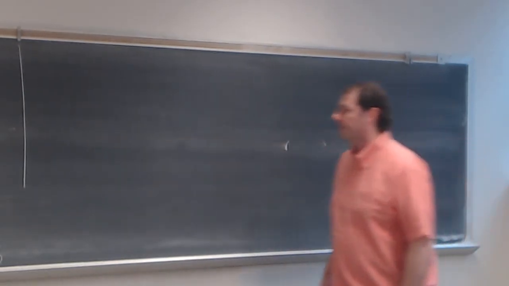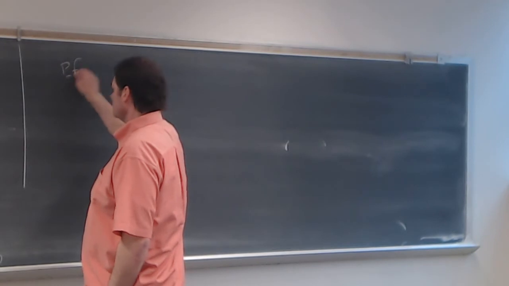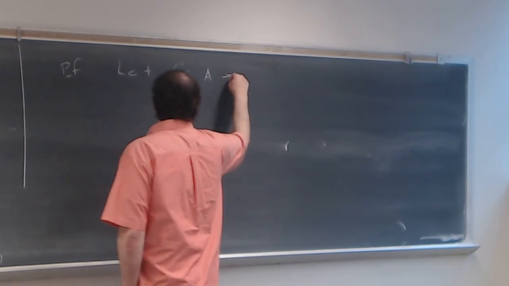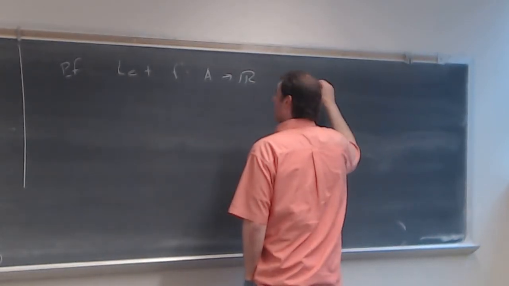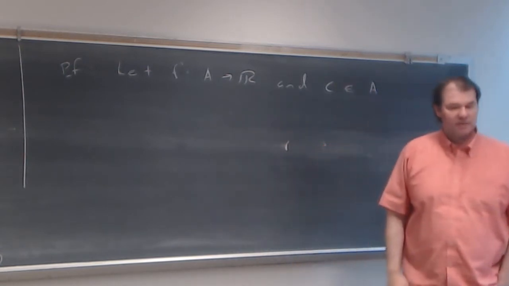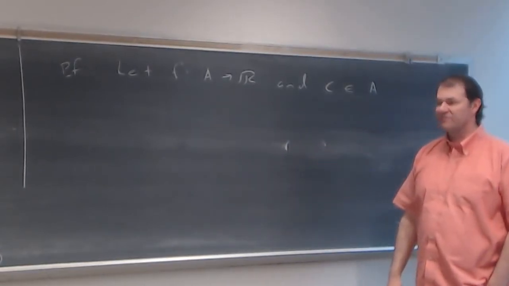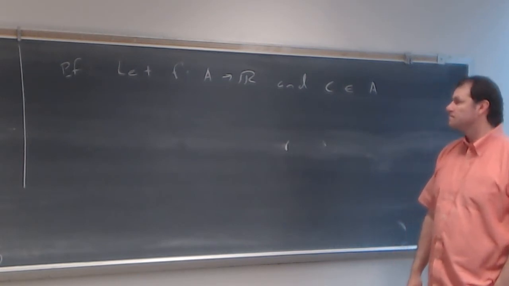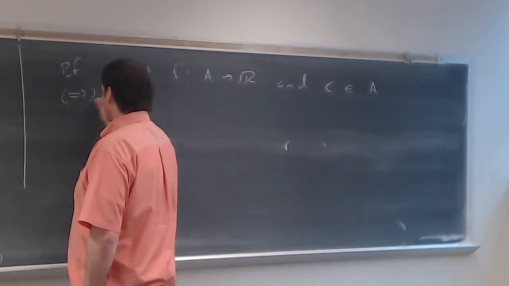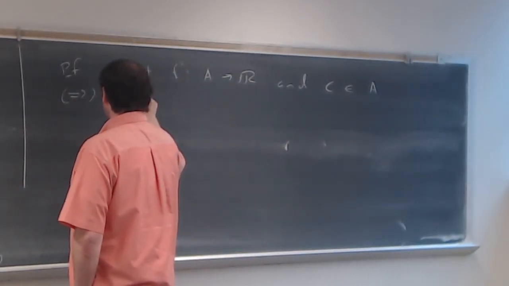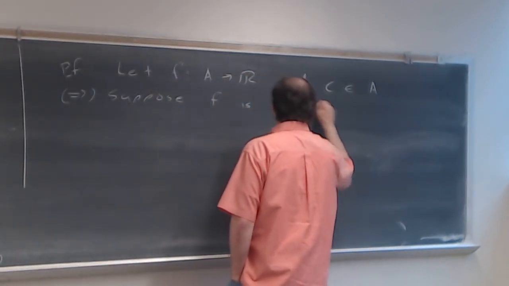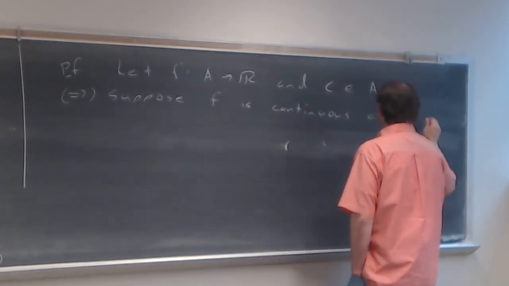Okay, so in the proof we'll assume that we're talking about a function that goes from A to R and c in A. It's an if and only if statement, so we're going to have two directions. First direction, this way, and what we do is we assume, suppose, f is continuous at c.